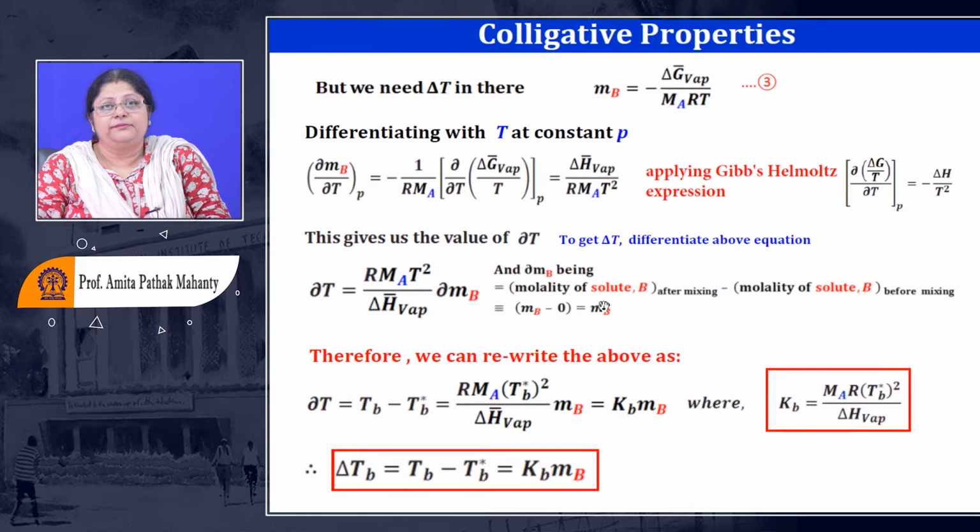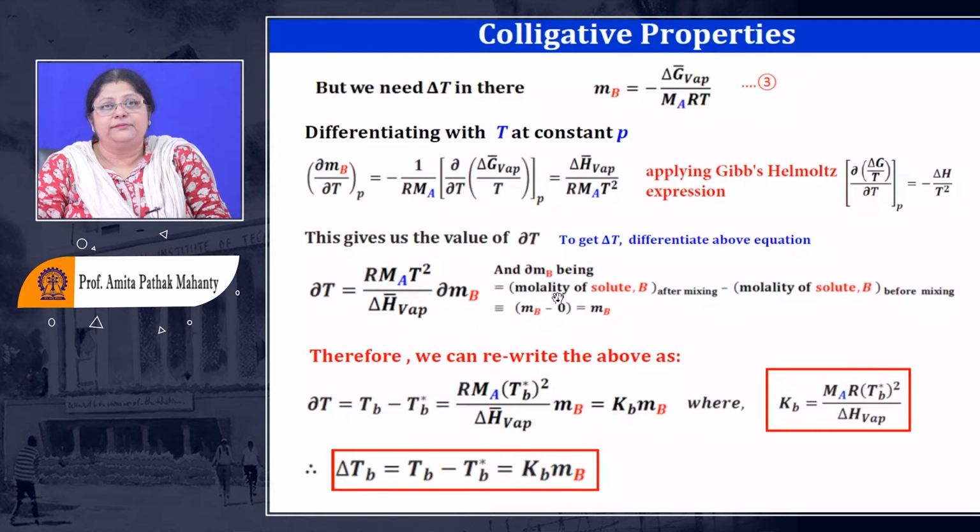Now, if you look at this, what is that? It is the molality of the solution when some solute was added, which we had called MB. And what was the molality of B before mixing? Obviously, it was a pure solvent, so there was no solute present. So I can write MB minus 0 equal to MB. That means delta M is nothing but the MB of the solution.